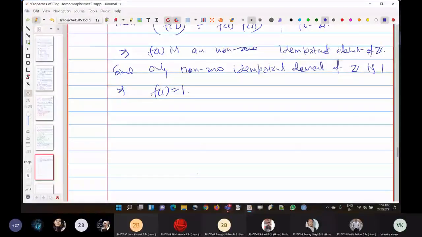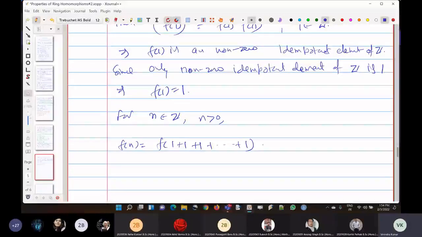So now for any integer n greater than 0, we can write f of n equals f of 1 plus 1 plus 1 plus 1, n copies.